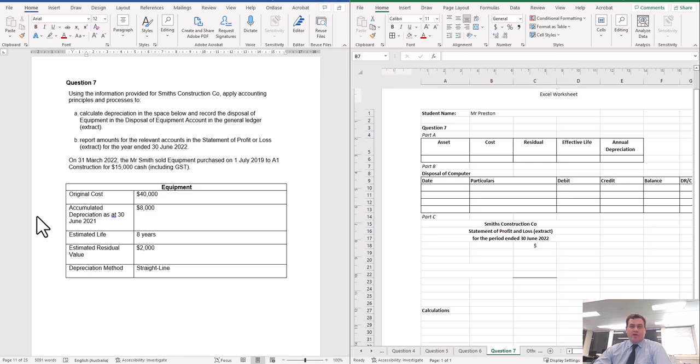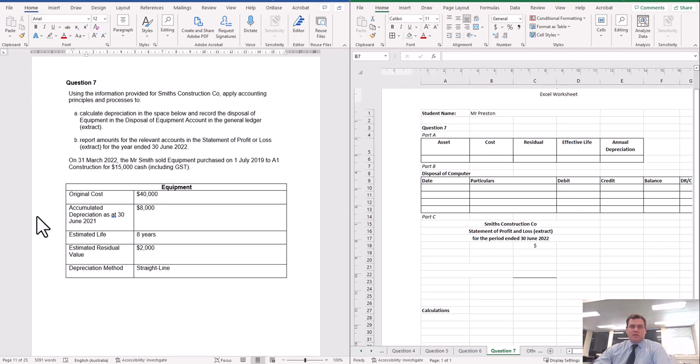So we're following our 5 steps for disposal, and I'd highly recommend you go over those 5 steps before you attempt this question, or you've got a firm understanding of those. So the first one is obviously to record the depreciation up to the date of disposal. Second, close the cost of the asset off to the disposal account.